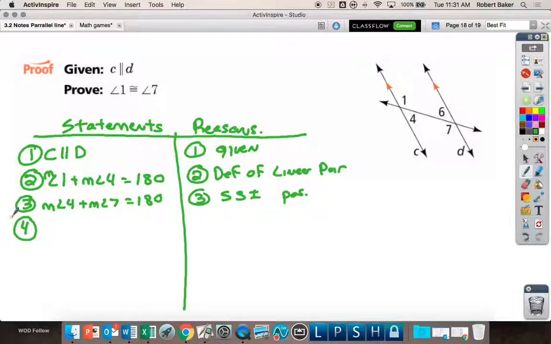If I read it like this: the measure of angle 1 plus the measure of angle 4 is equal to the measure of angle 4 plus the measure of angle 7.